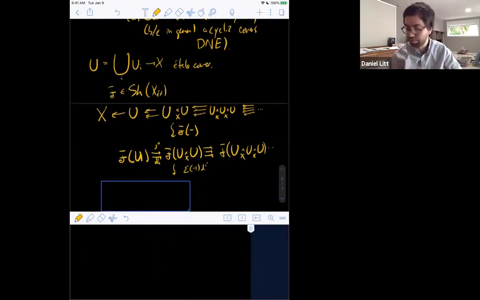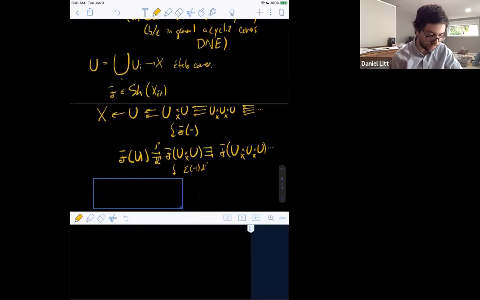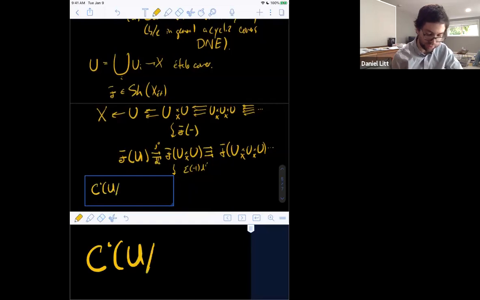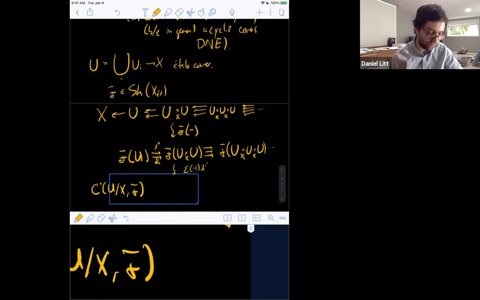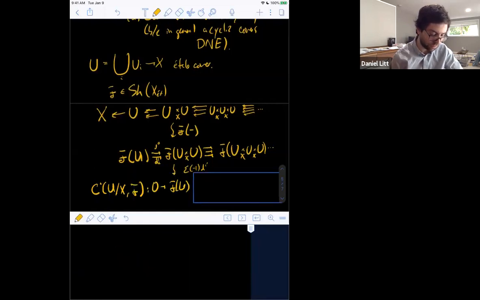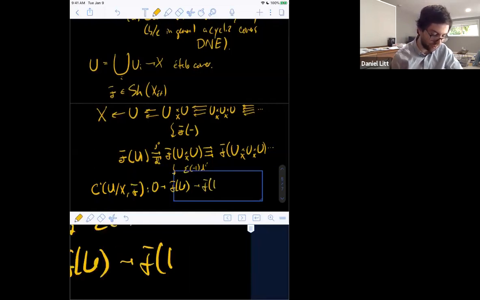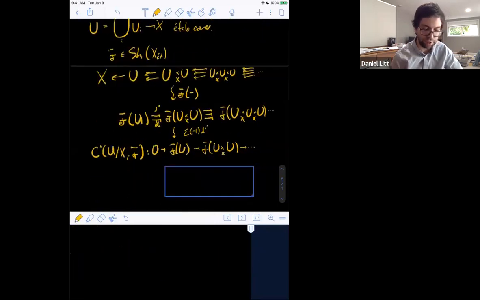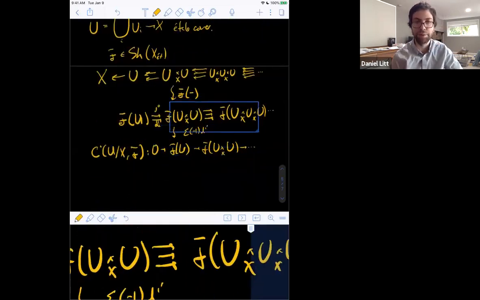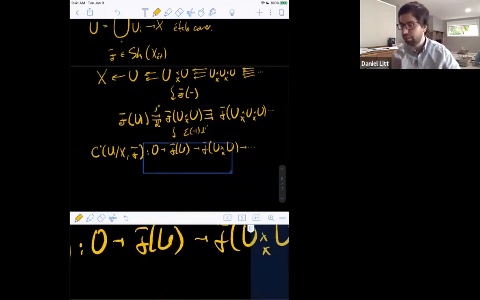And this gives you a chain complex, which I'll write as C(U/X, F), I think is the notation I'm using. This is just the chain complex 0 to F of U to F of U cross U over X to so on, where these differentials are the alternating sums of the maps above. So this is called the Čech complex.